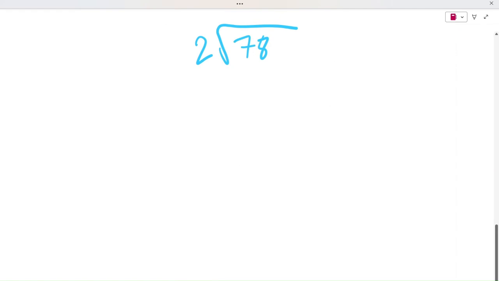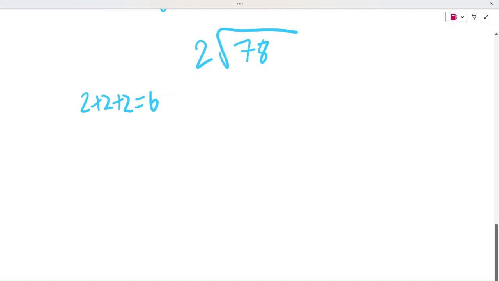We'll take our outside 2, and we'll see how many times it can go into the leftmost number, 7. 2 plus 2 plus 2 equals 6, and that's the most it goes. So 2 goes into 7 3 times. We'll put the 3 up top. And now that's our division.